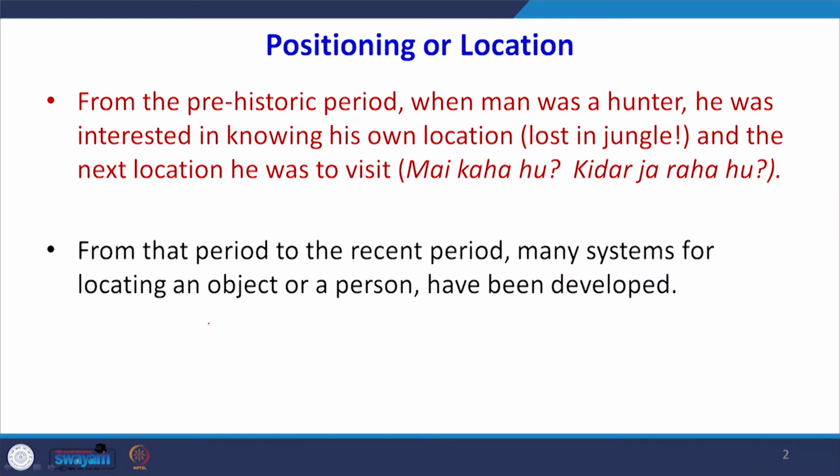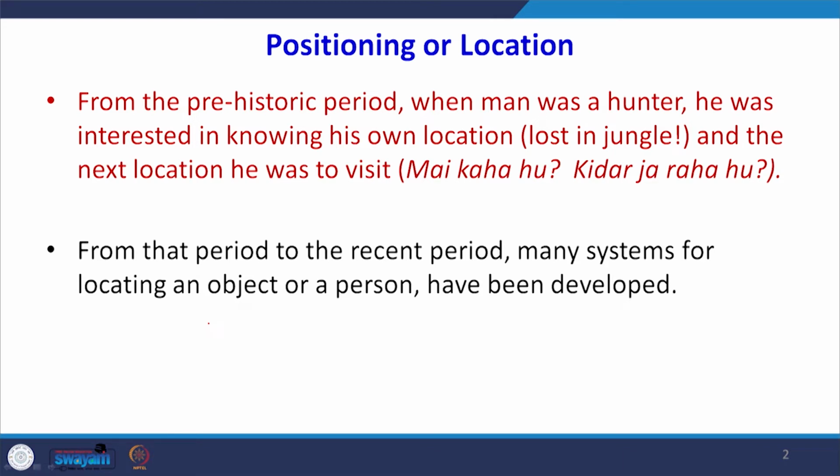Sometimes the human being was lost in the jungle and wanted to go to the next location, but since the person was lost, he was not able to identify the location, and the basic question in the mind was, where am I, where am I going? So that means it was totally unknown which direction I am going, whether I am going in the right direction or whether I will reach my destination which I have planned.